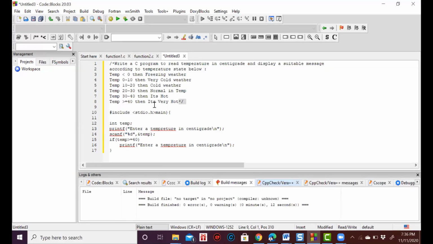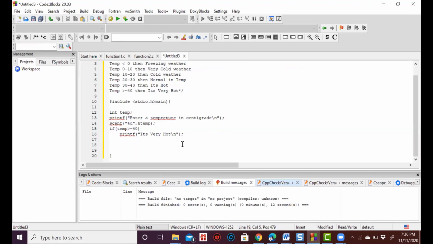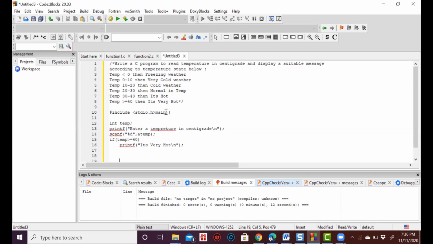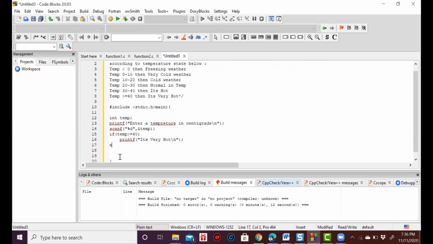Printf is it's hot. Then now this one is multiple selections. So just now we discussed the multiple. So for multiple, you are using if else if.